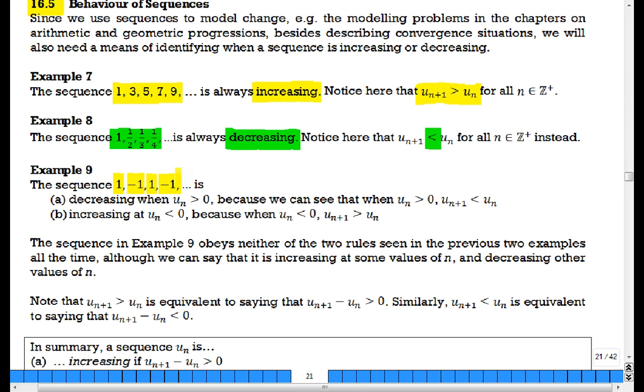So you can say that if Un is positive, look at U1, U1 is positive, we can say that the next term will be smaller than U1. So U2 is smaller than U1. But if Un is negative like this, then U(n+1) is larger than Un.